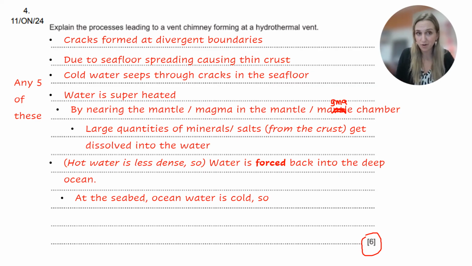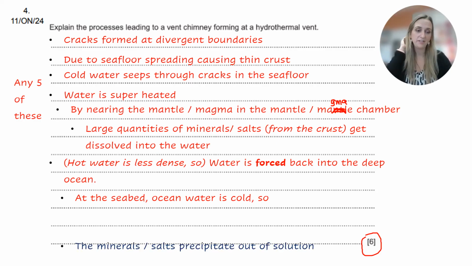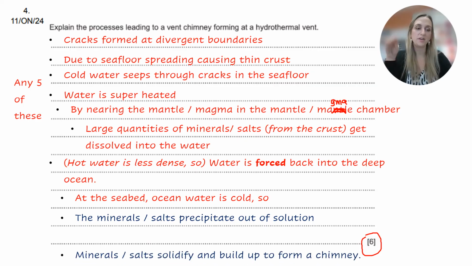I don't know why it's not on the mark scheme. I would have included it if I were taking this. It is in the syllabus learning outcomes to reference the solubility of minerals or salts from the crust at different temperatures. So I would have included it. And you've seen it's been included in other questions, so that should be a good indicator that we should include these. But any 5 of these, and then 1 of these.